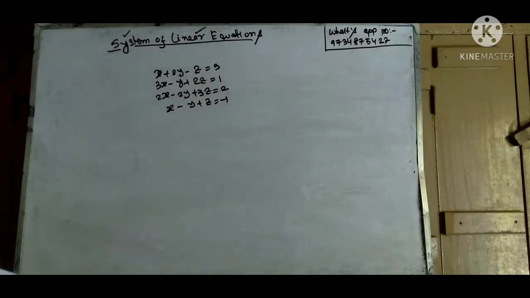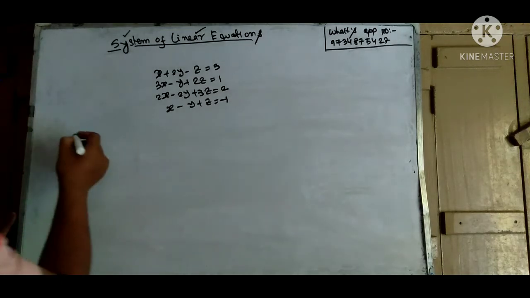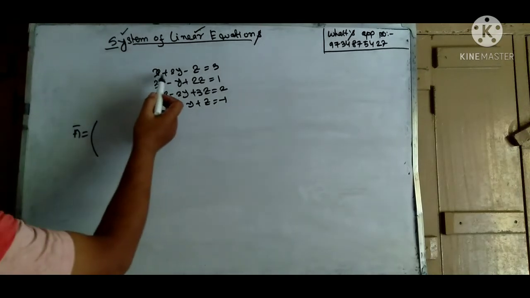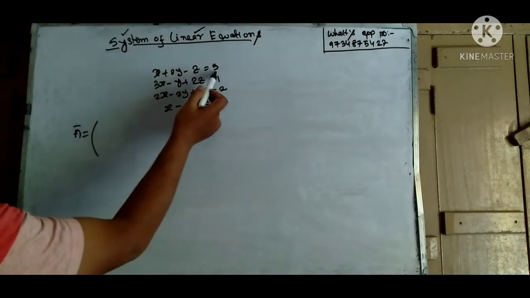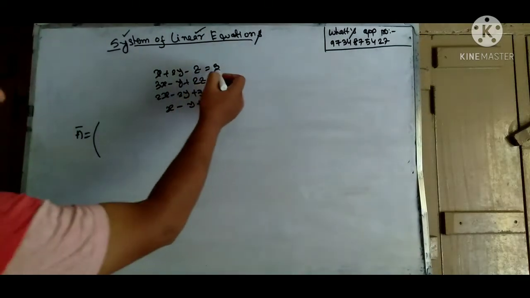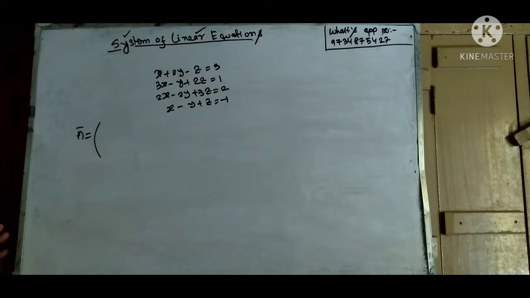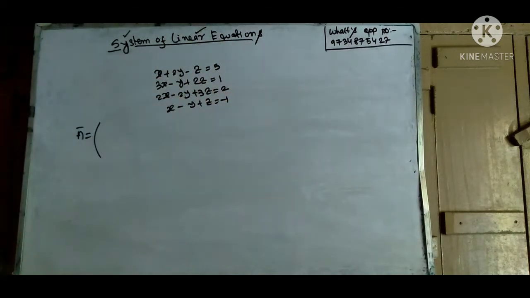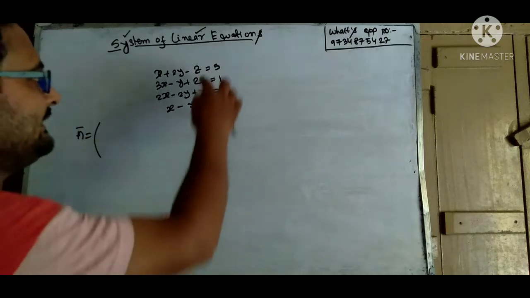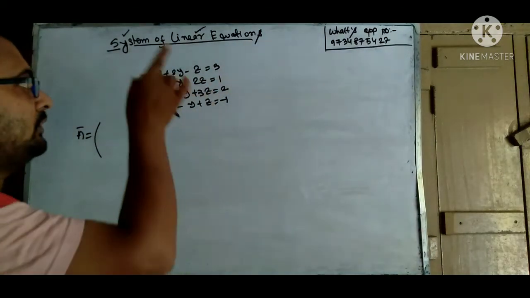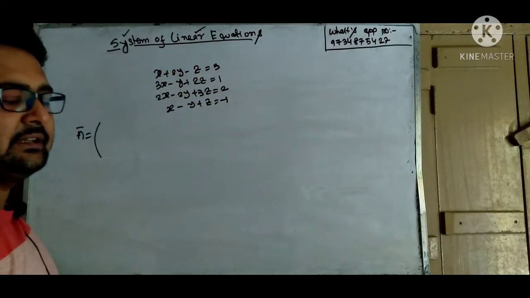Okay, let us solve the system of linear equations. First, the augmented matrix A bar will be 1, 2, minus 1, 3. In a homogeneous equation all those constants are 0, but here these are not 0. Therefore, this is a non-homogeneous system of linear equations. If at least one of the constants is non-zero, then it will be a non-homogeneous system of linear equations.